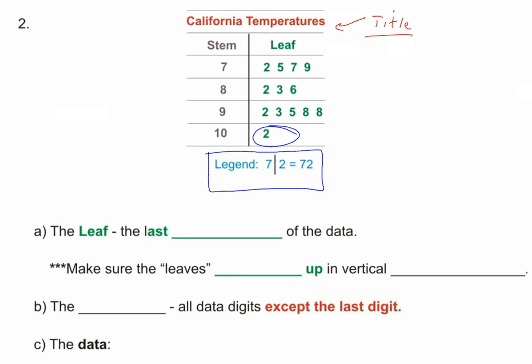So that's the idea of a stem and leaf. If we were to list all the data, and I want you to do this, take your pen, I don't care what color you're doing it in, but off to the left, let's list the data so you clearly understand.